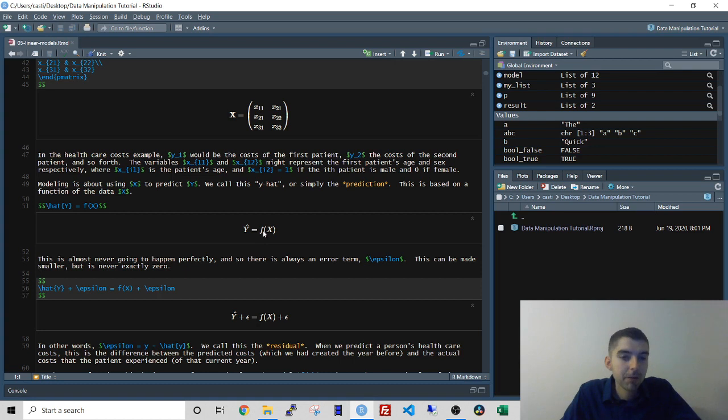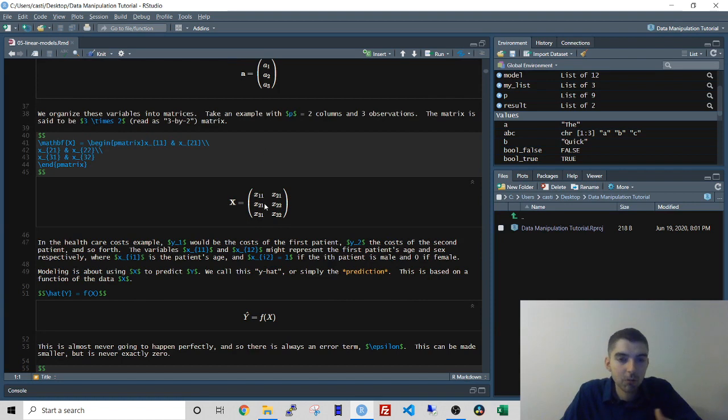So f is for function, and the function is operating on the matrix x. So here, if I had two columns in this data, like let's say this first column was age, this second column was sex, I would say that the model's prediction is a function of those two columns.